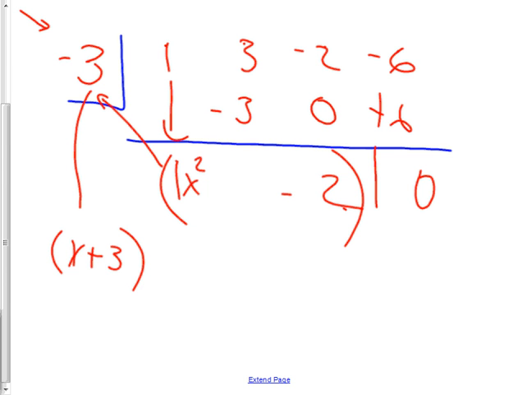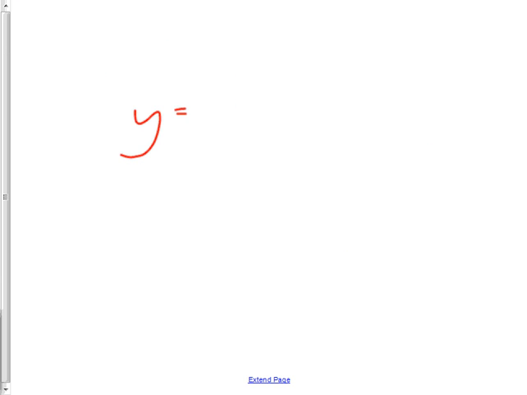Okay. So, you've learned to factor difficult things using synthetic. You've learned how to write limits. You've learned about polynomials. Do you remember how to tell if something is a polynomial in the first place? How about is this a polynomial or not? And if not, why not? Not a polynomial.